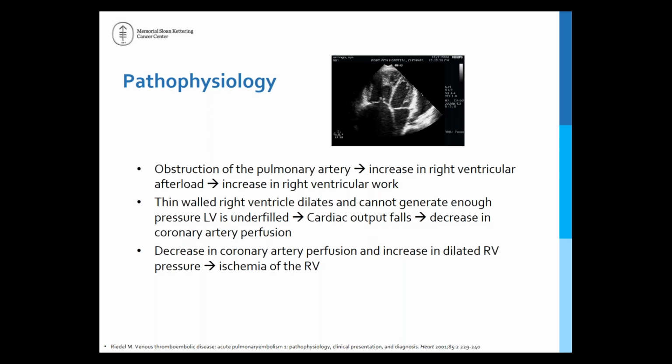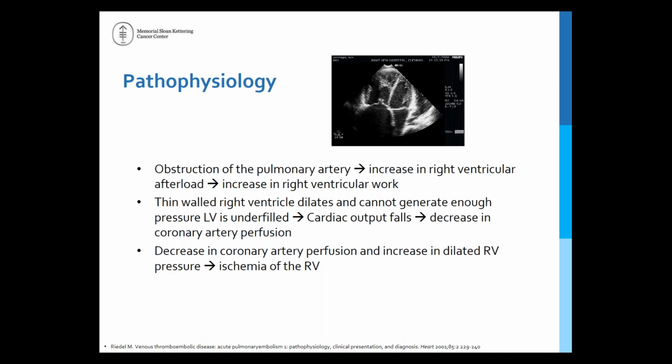And when it dilates, it starts pushing against the left ventricle. And when it pushes against the left ventricle, the left ventricle does not have enough room to fill, and therefore the left ventricular output is compromised. And so the left ventricular output decreases, and therefore the coronary artery perfusion is decreased.